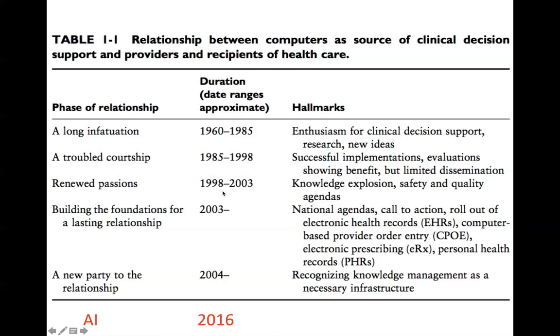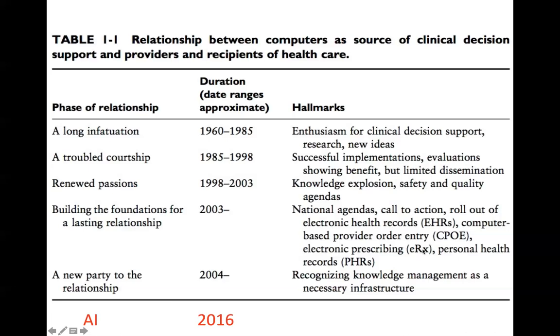So back then, based on the computer, they were talking about some national scale agenda, a call to action, then building the electronic health record and the computer-based provider order entry, the CPOE, or the electronic prescribing system.